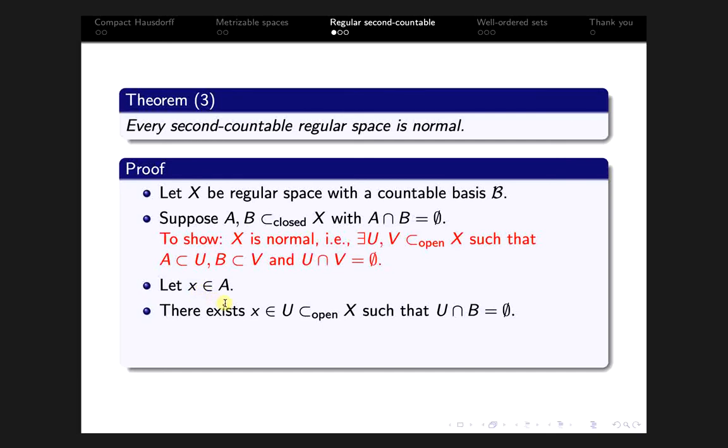B is closed, so B complement is open. Therefore, there exists some open subset U of X containing the point x such that U is a subset of B complement, that is, U intersection B is equal to the empty set. This is the definition of openness.